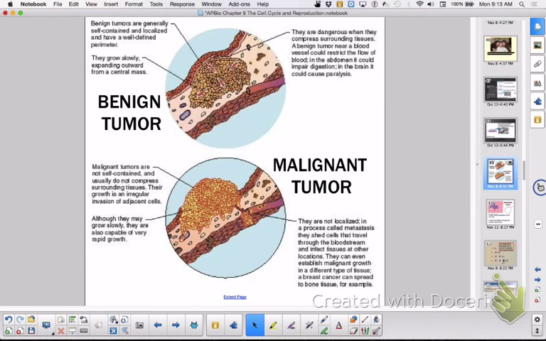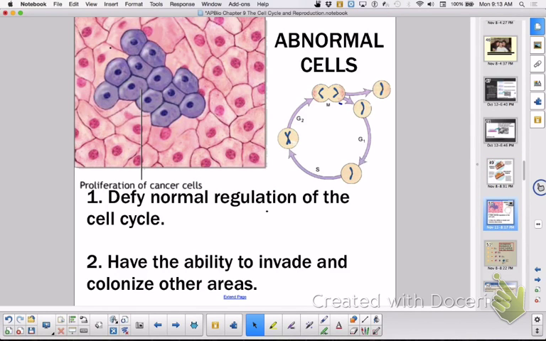Okay, so let's refer to the cell cycle, and I'm going to let Slate handle this one right here. Go ahead. What's going on?